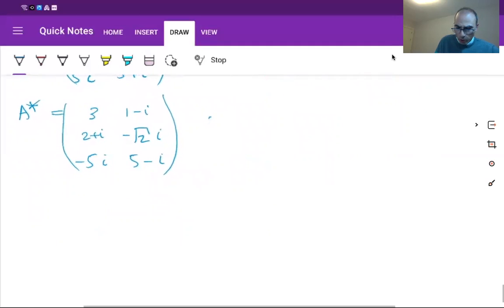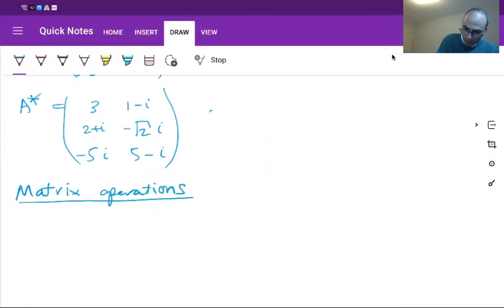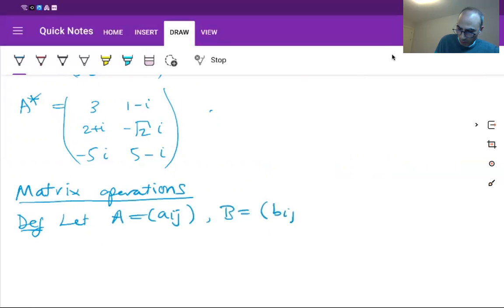So now we'll come to binary operations on matrices. So addition and multiplication, and also the operation of scalar multiplication. Okay, so let's let A and B be n by n matrices.